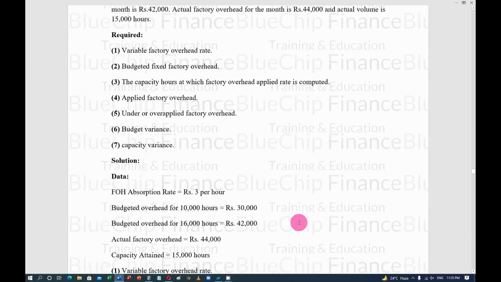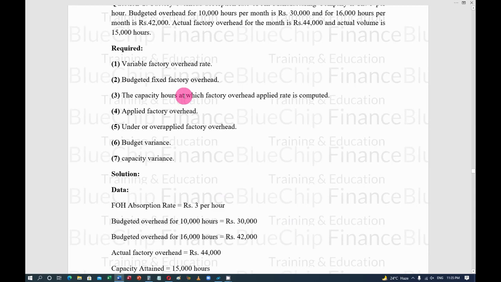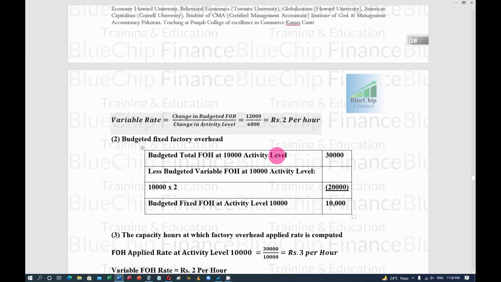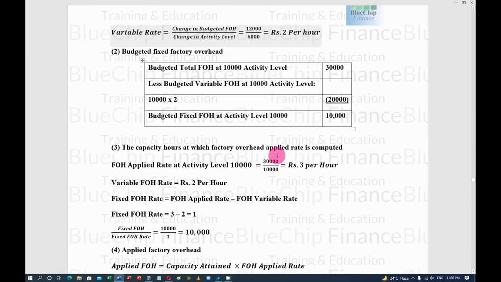So the third requirement is the capacity hours at which the factory overhead applied rate is computed. We already discussed that it is calculated on the basis of the 10,000 activity level because the total absorption rate is 3 and the variable rate is 2. So our fixed rate is 1.